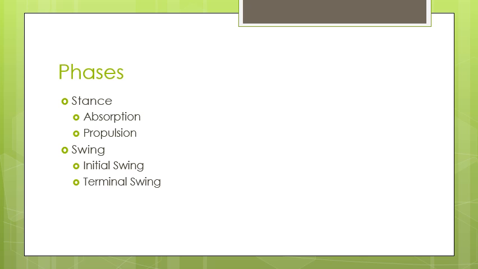Then you have the terminal swing, as the limb starts to accelerate and then starts to decelerate. The biggest thing during the terminal swing phase is going to be the limb deceleration. Again, that's where those high eccentric forces come in to be able to decelerate the limb. And obviously, those forces become much greater as the speed of running increases.